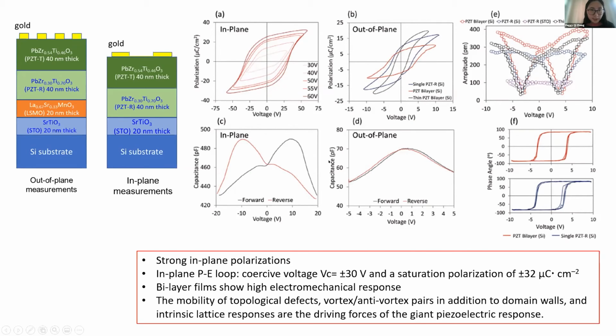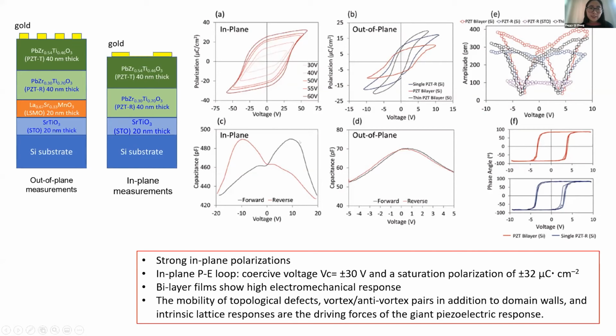So it's very important for us to verify this also from microscopic analysis. Here we use small electrodes and devices to analyze the polarization and capacitance. We find that both the in-plane polarization and the capacitance show a much stronger signal compared with the out-of-plane measurement.